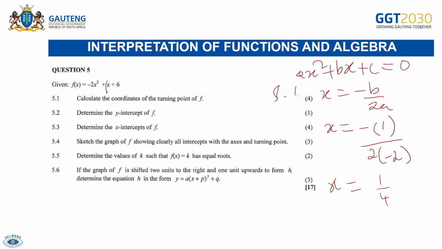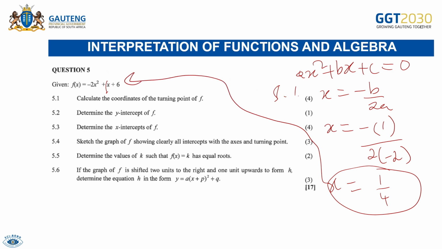We are finding the coordinates, meaning that we must have the value of x and the value of y. So after that, you take this value of x and substitute it in your original equation so that you can find the corresponding value of y. So f of 1 over 4 equals negative 2 times (1 over 4) squared plus 1 over 4, plus 6.